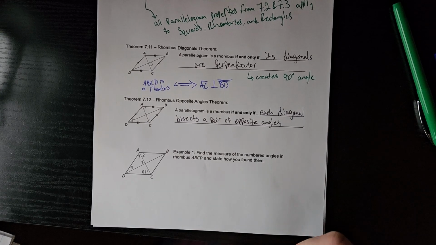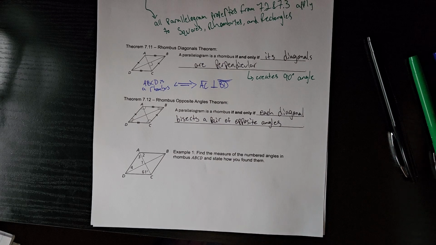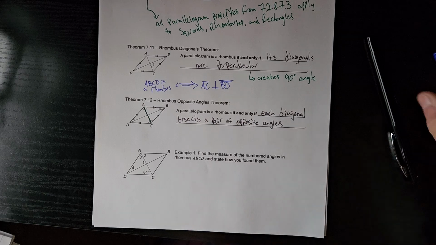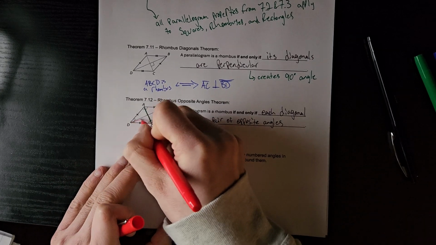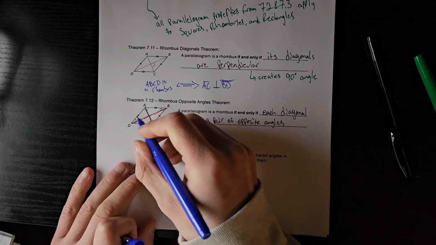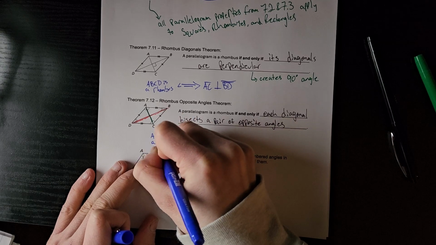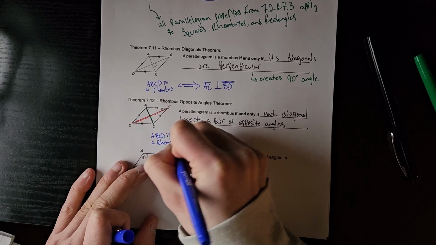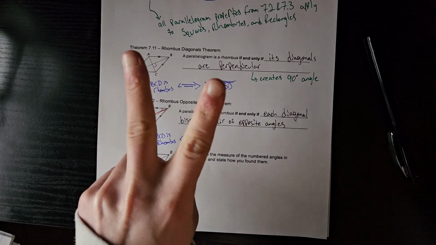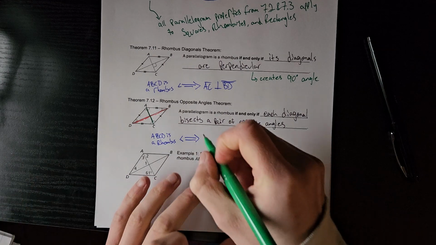So, looking at our picture, I will color AC green, and I'll color BD red. So, ABCD is a rhombus if and only if two things are met. If these two conditions are met, then it's going to be a rhombus.